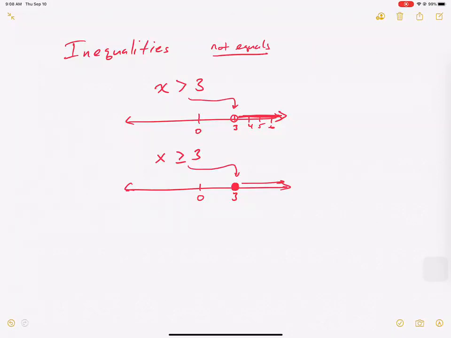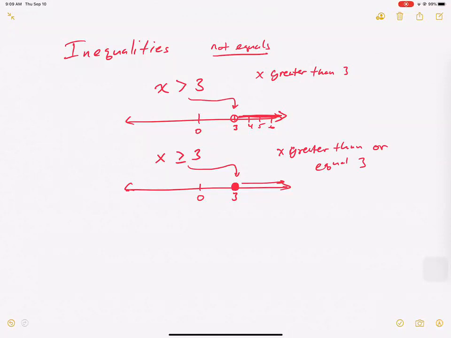And we write this as x is greater than 3, and x is greater than or equal to 3. So we could sit on 3. 3 is an okay number for us.